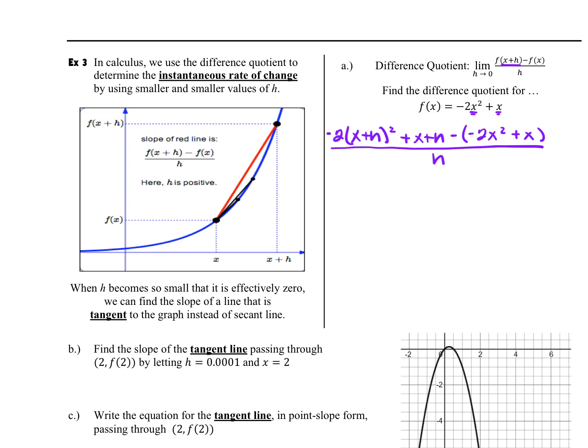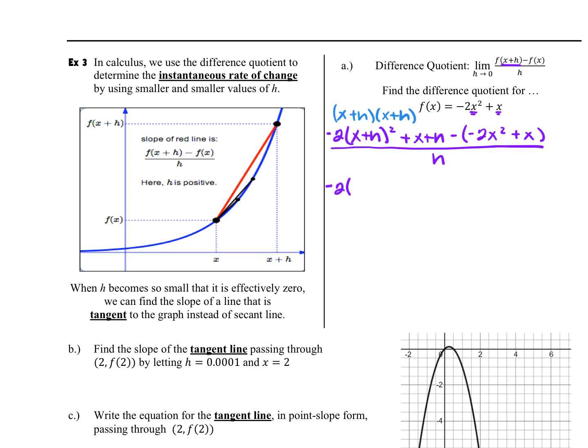Now, we're going to continue expanding. Some students like to rewrite this x plus h, and we need to expand that. I like to save myself a little bit of work, and let's write this x plus h and x plus h here to remind ourselves of that. So we can go ahead and continue on.